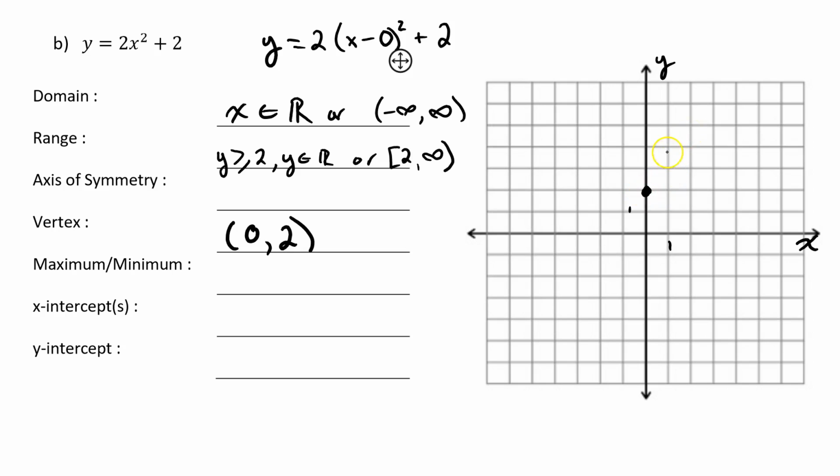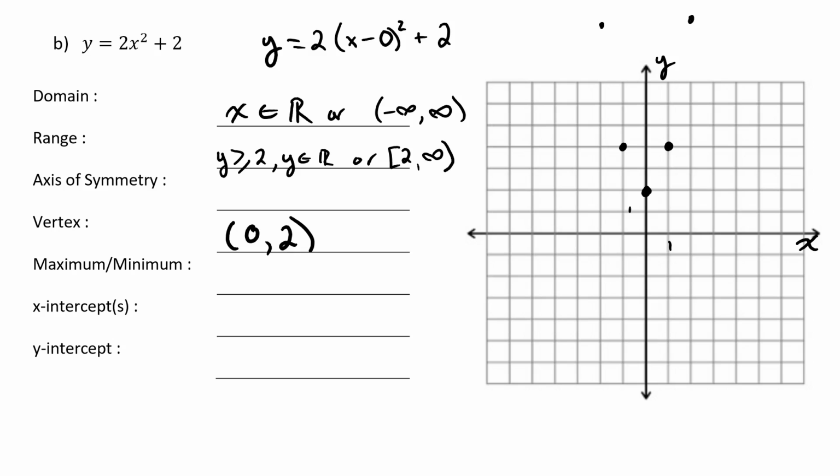So I go over 1, up 2 actually. Over 1, up 2. And I can't really capture this, but I would go over 2, and usually I would go up 4, but this time I would go up 8. So it would be somewhere up there. So I'm just going to eyeball it a little bit, just so that you understand how that works.